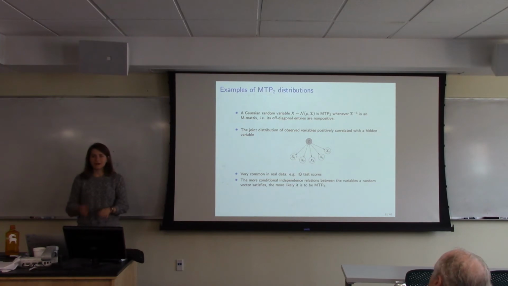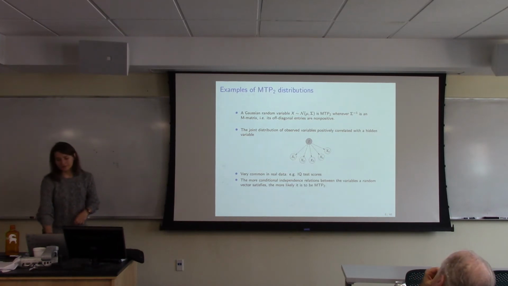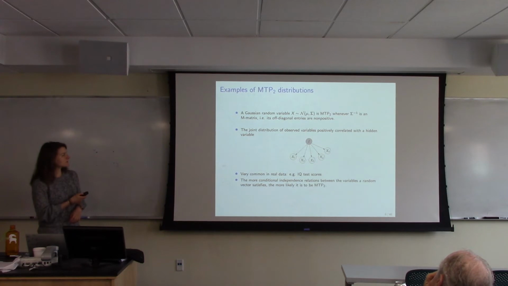Only 5% of those have inverses that are M matrices. But now if you look at covariance matrices for which x_1 is independent of x_2 given x_3, for example, then 25% of all such covariance matrices will satisfy that their inverse is an M matrix.